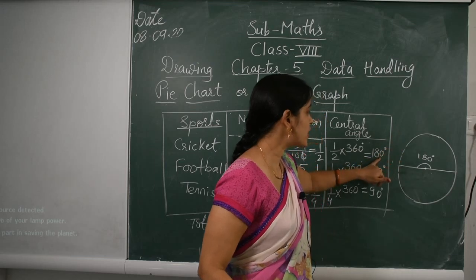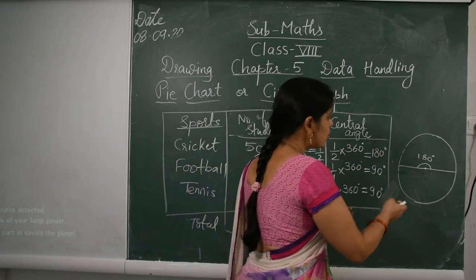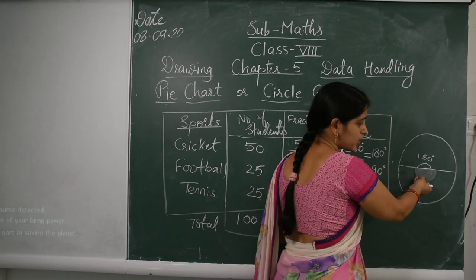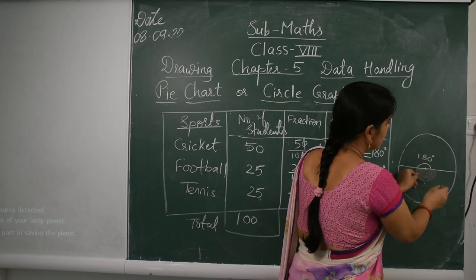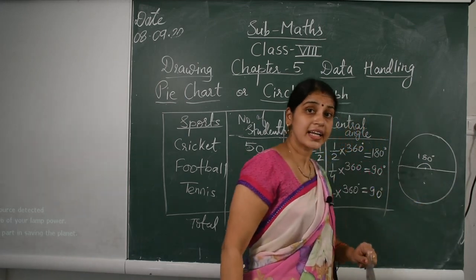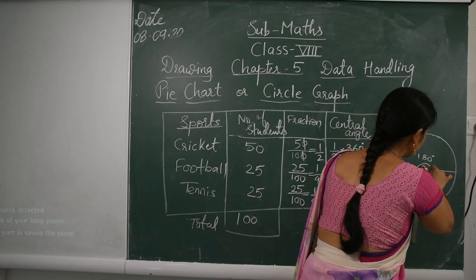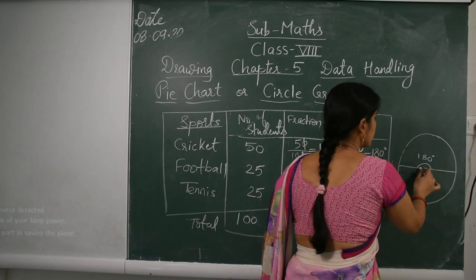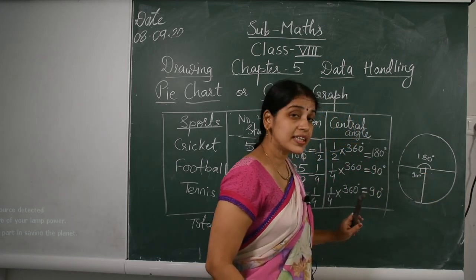So one part is over. Now the remaining two angles are of 90 degree. So now you have to keep the protractor in this way and mark the point where 90 degree is present. So now draw the 90 degree angle. So this angle is 90 degree and here there are only 3 angles.